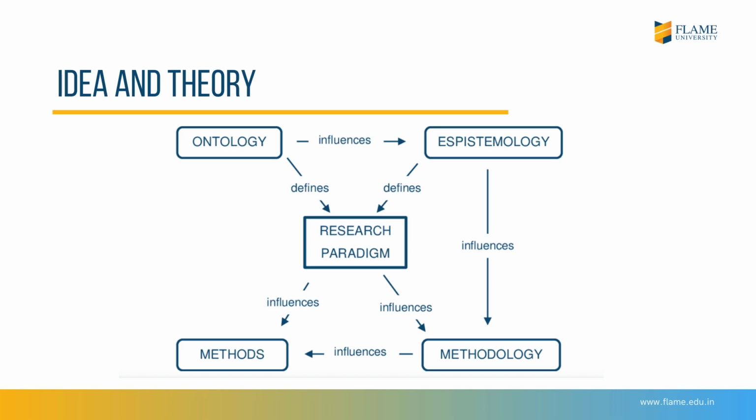In turn, epistemology also influences the idea of methodology, or the principles or the theory based on which we choose a research method. And this methodology also influences method. So it's a cyclical relationship: research paradigms are informed, defined, and inflected by the concepts of ontology, epistemology, methodology, and methods.